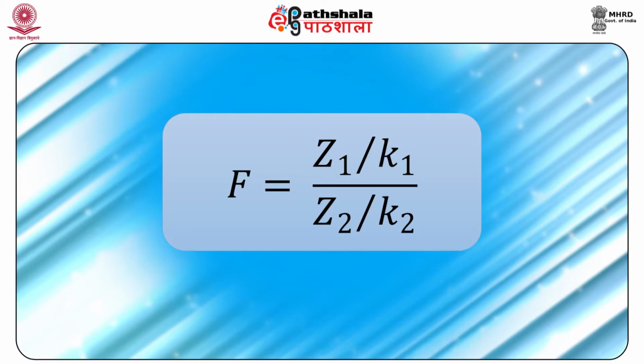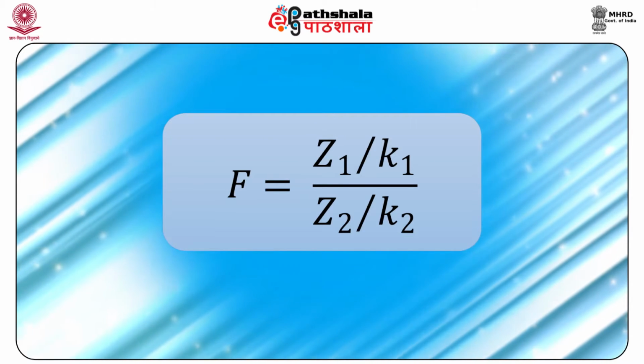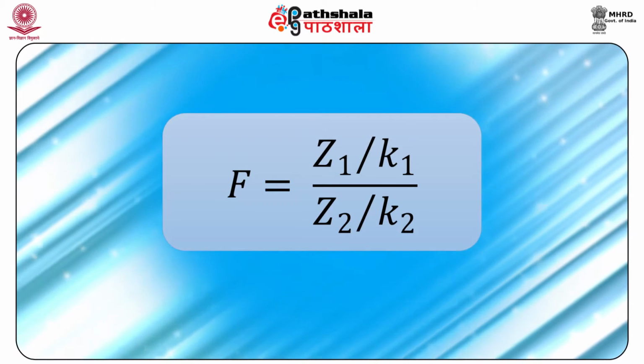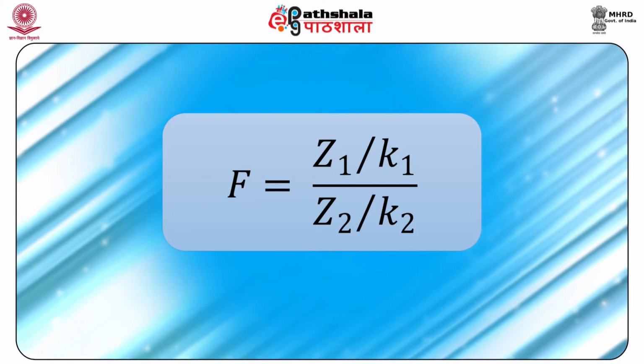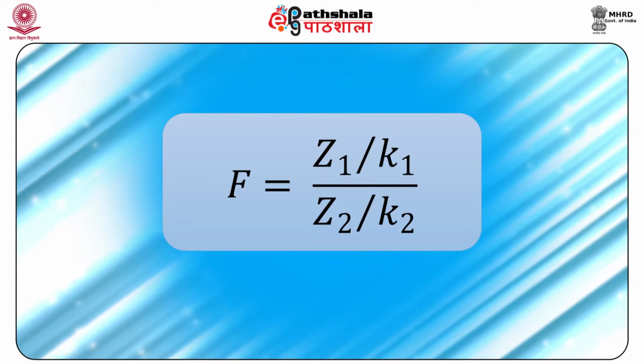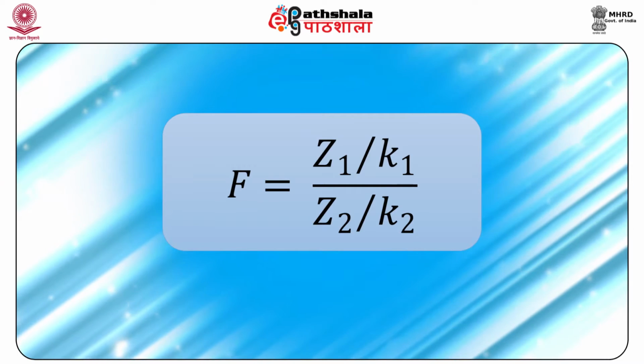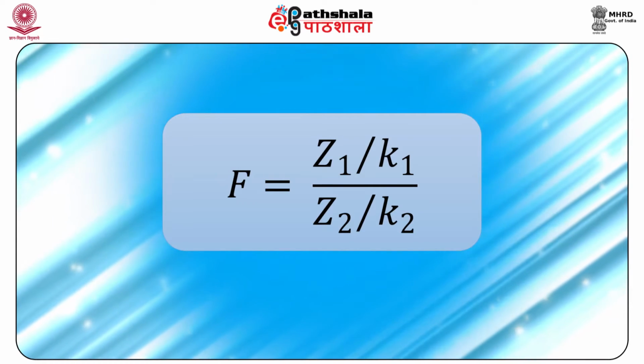Then we can define the variable f equal to Z1 upon k1 whole divided by Z2 upon k2, and it follows Fisher's F distribution with k1 and k2 degrees of freedom. Now it is usually denoted by f k1 k2, where k1 denotes degrees of freedom of numerator and k2 denotes degrees of freedom of the denominator.